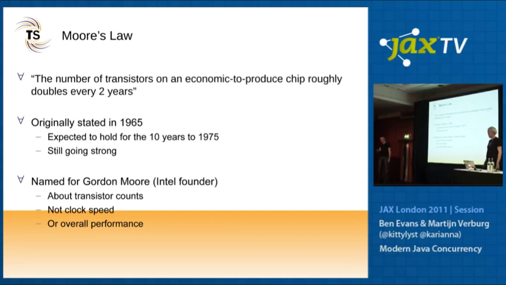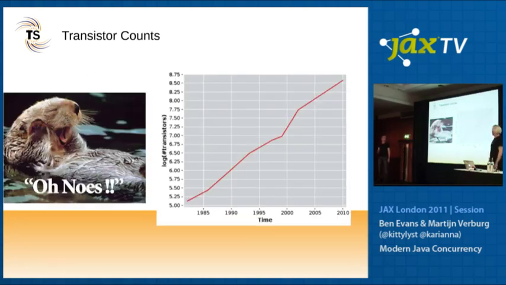But the corollary we've seen in recent years is that, despite the fact that we've got a lot more transistors, and that trend is still going strong, the clock speed has flattened out, and so have other characteristics of chips related more directly to clock speed. Transistor count is just how much space you've got on the chip to build functionality with.